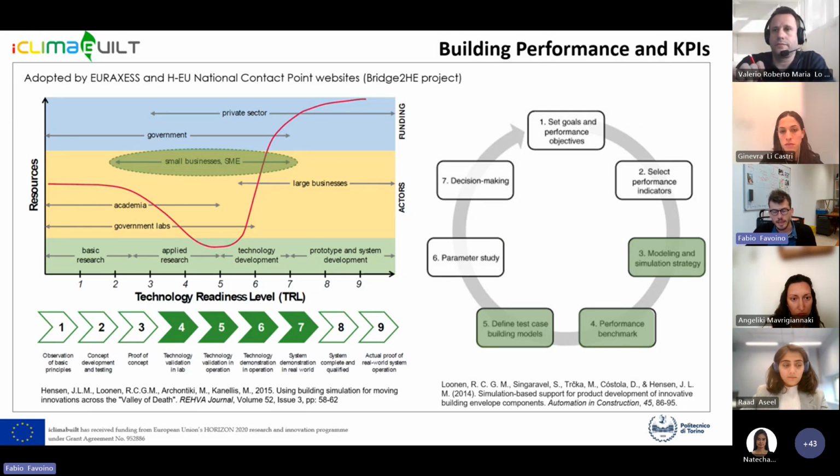And this is a graph taken from the work done by the group of Jan Hensen, but also adopted at the European level to show what's called the valley of death. So the difficulty that SMEs encounter in scaling up materials.